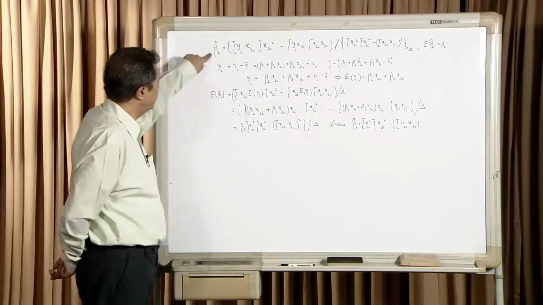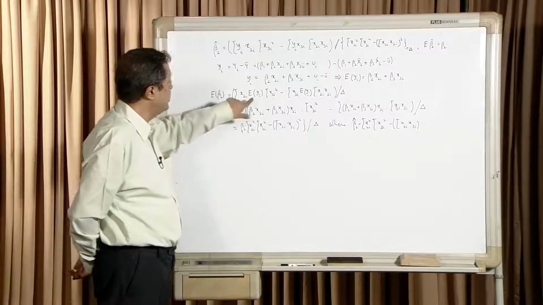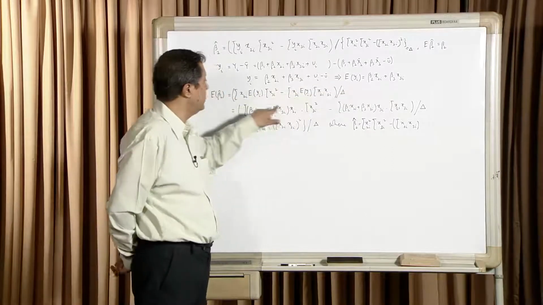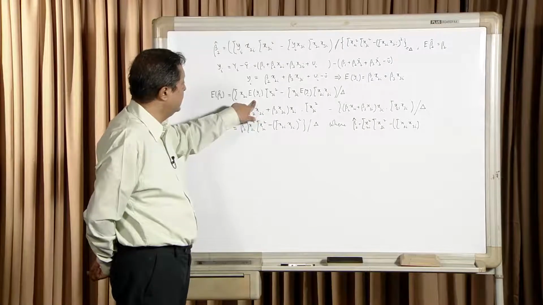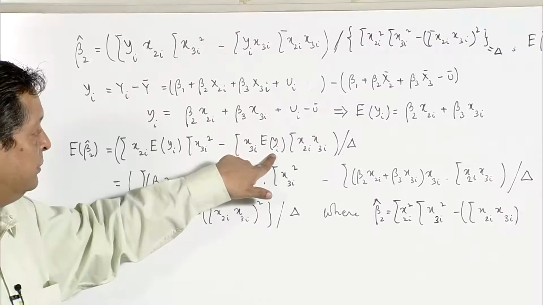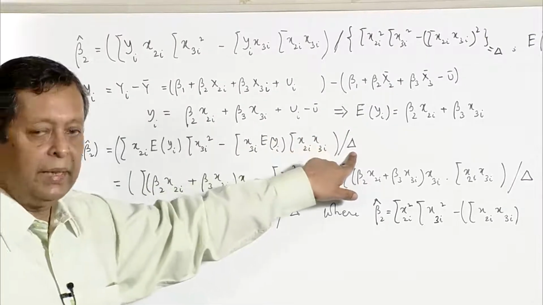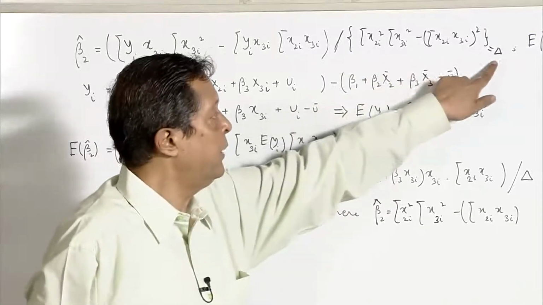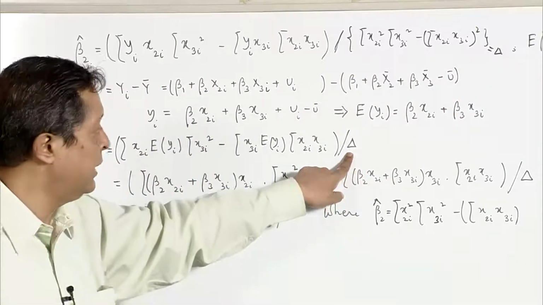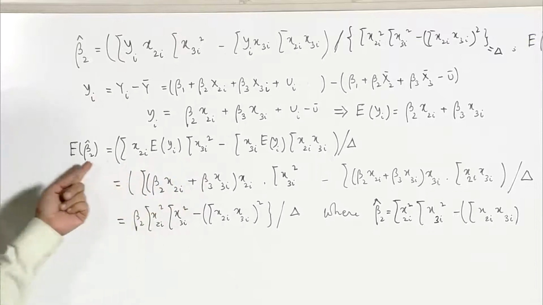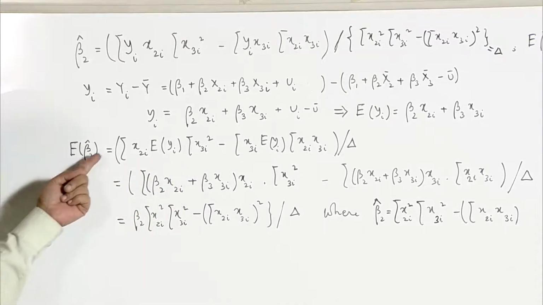Now, if we take expectation of beta 2 hat and just substitute these values of expectation yi here and in the second term, and just write divide by delta, just as a shorthand form, that is the expression for expectation of beta 2 hat.